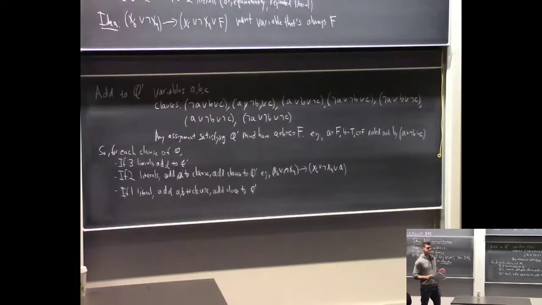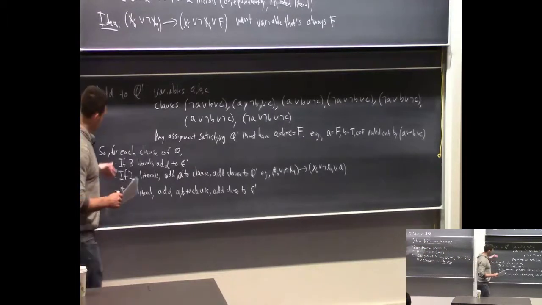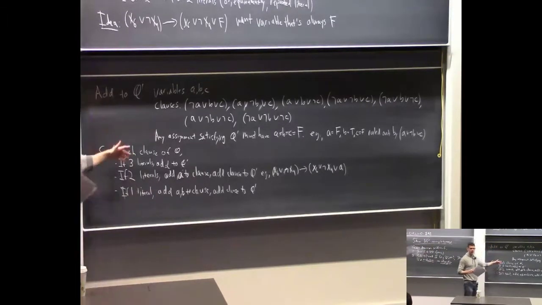Does this make sense? All right, so we constructed these false variables by adding these 7 clauses. We're just using these to fill out the clauses that don't have 3 distinct literals already.